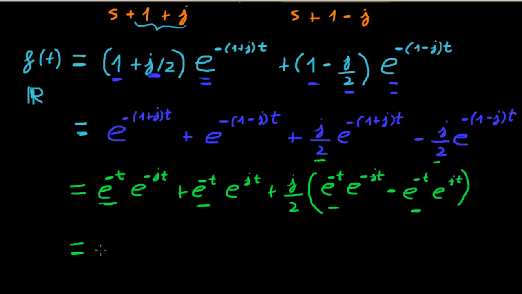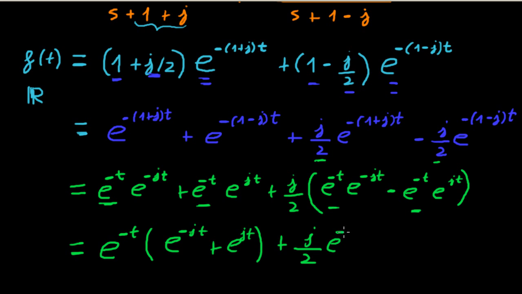And as you see, e^(-t) is in all these factors, so we can take it out. And this is equal to e^(-t), we're close to the end, times (e^(-jt) + e^(jt)) plus j/2 e^(-t) times (e^(-jt) - e^(jt)).